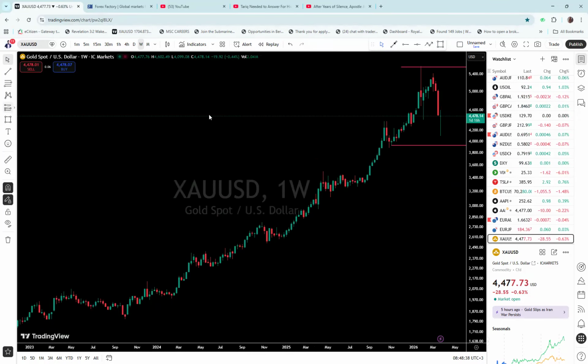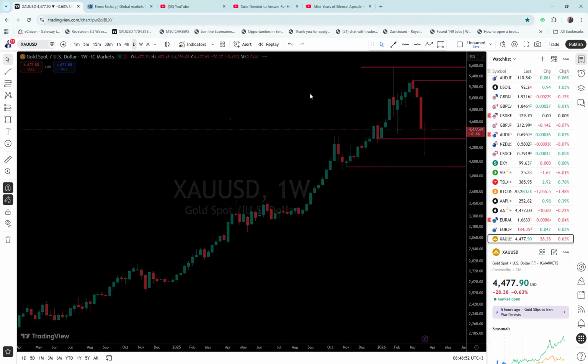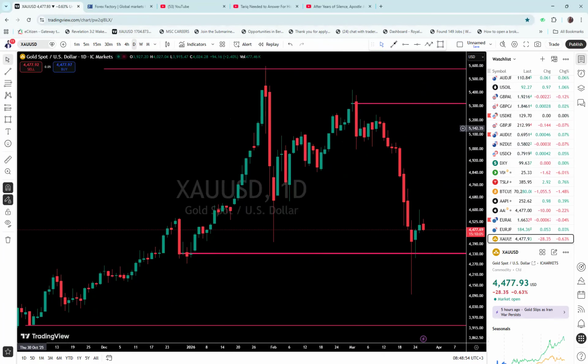Go down to weekly. Hit it over there. Weekly is still here, so the market hasn't really been able to close. The candle is still an active candle.